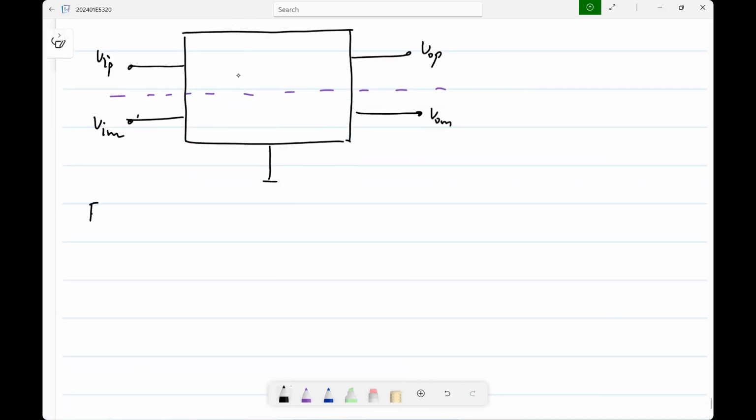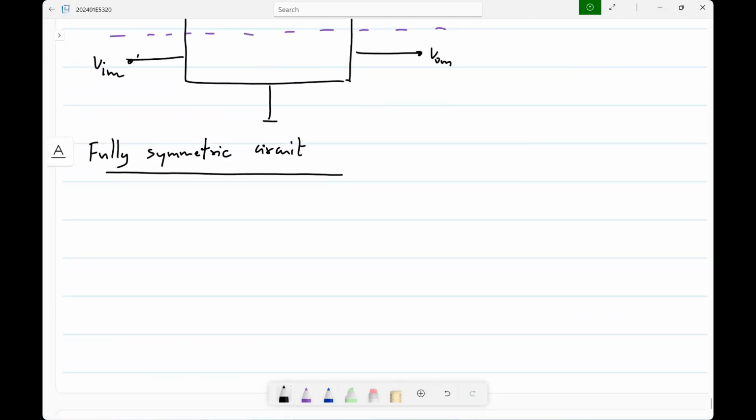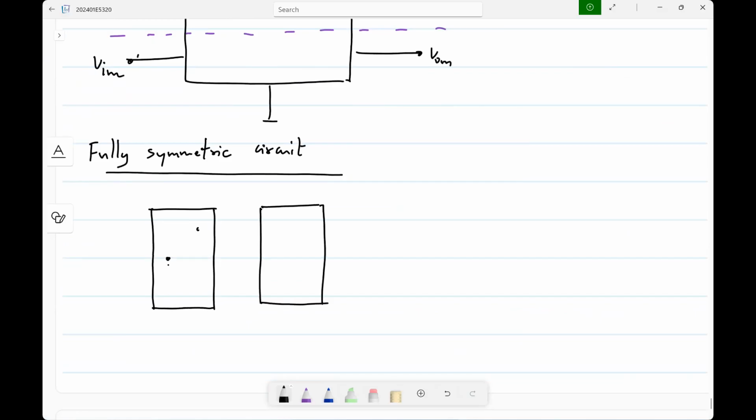So a fully symmetric circuit, what does it mean? You have two identical circuits, okay, and they have some corresponding nodes, let's say.